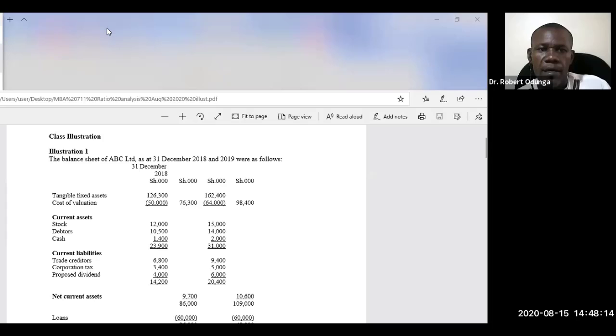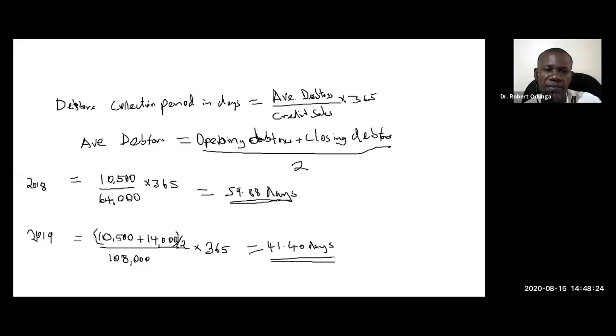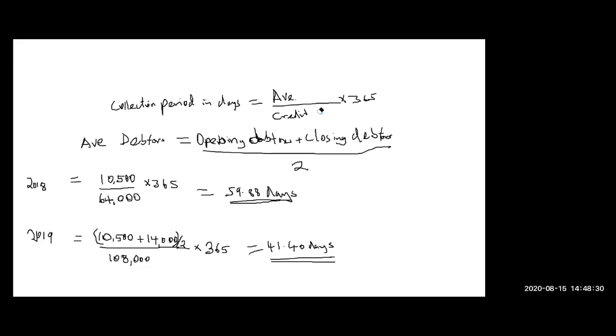Now, if I can share our whiteboard, allow me to use this. So we'll just erase this and call this one average credit. Opening, closing.